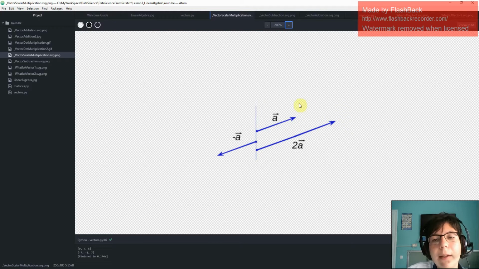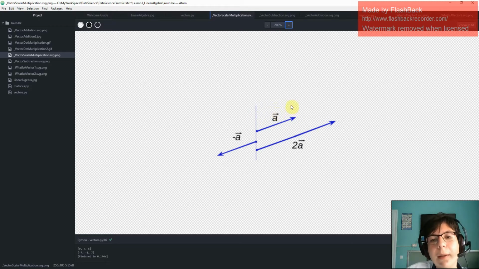So the magnitude of the vector is multiplied with the scalar. We could multiply our vector with another value, for example 0.5, and we will obtain a vector which will have the same direction, but it will be half as short.